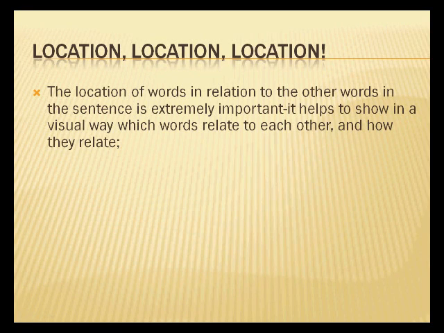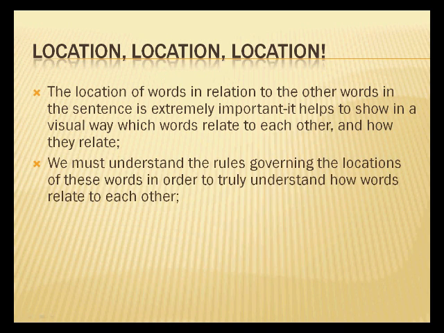So, location, location, location. This is essential to understand when it comes to the idea of grammar, because this is a visual way that helps to show how words relate to each other. So we need to understand these rules governing the locations of these words so that we can truly understand how these words relate.